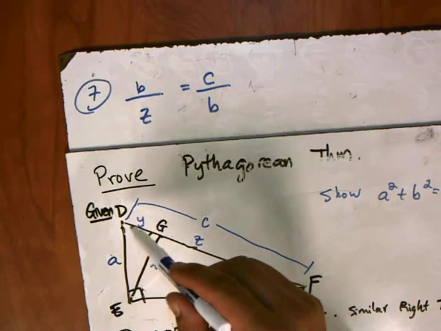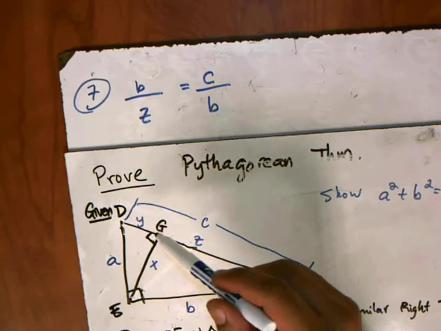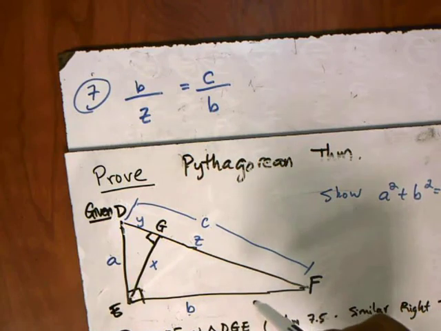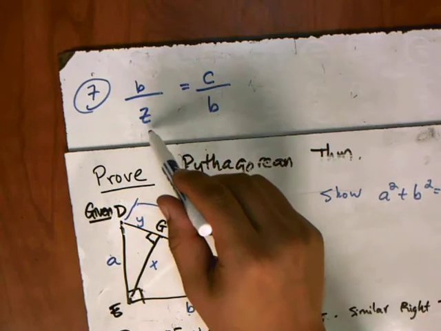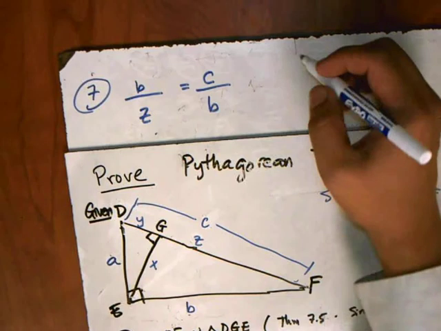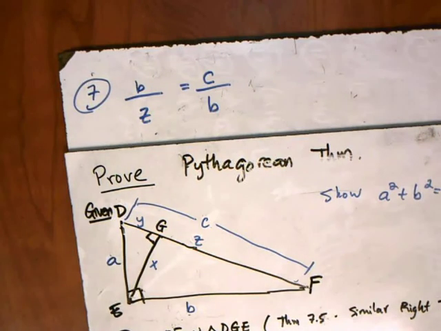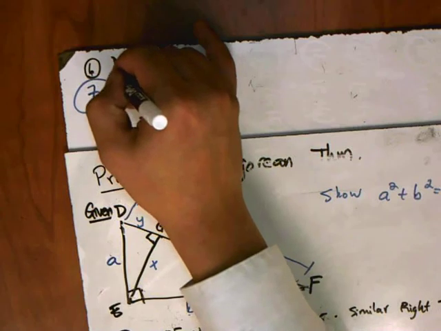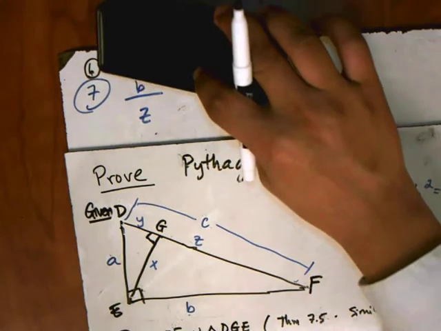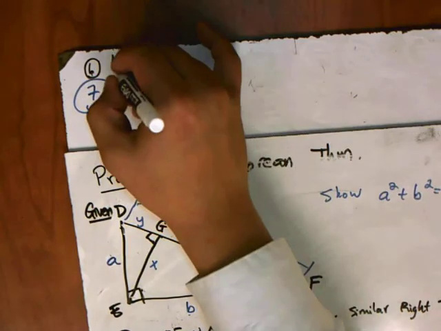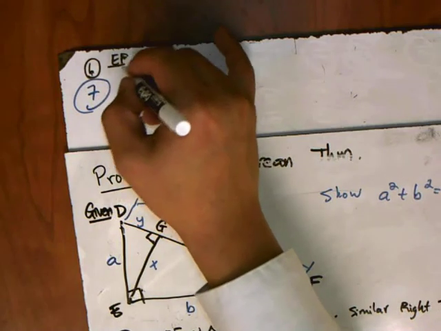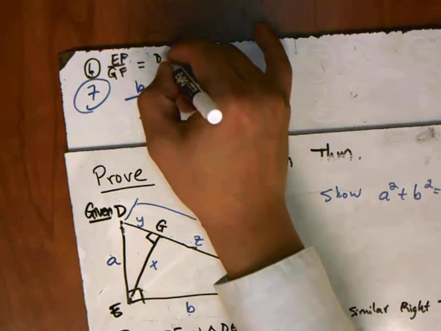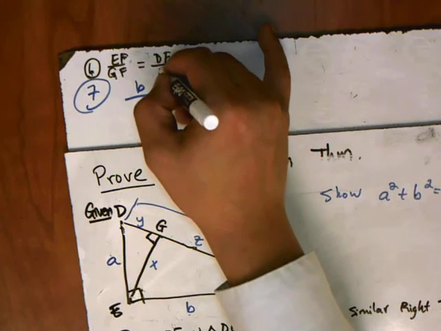EF right here is B, GF is Z. Let me rewrite what we had before in step 6: EF over GF is equal to DF over EF.